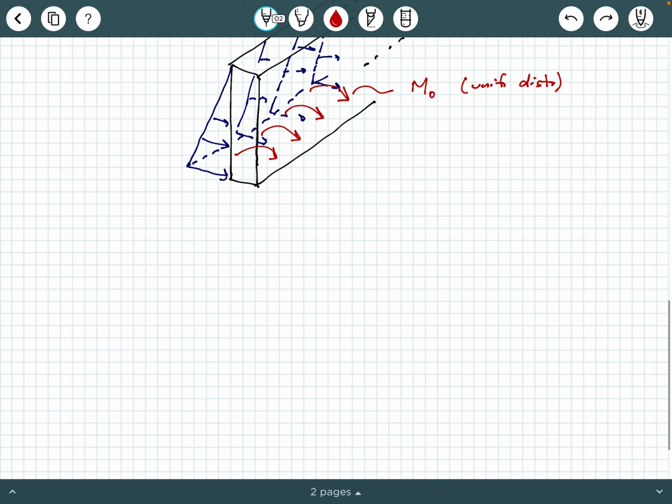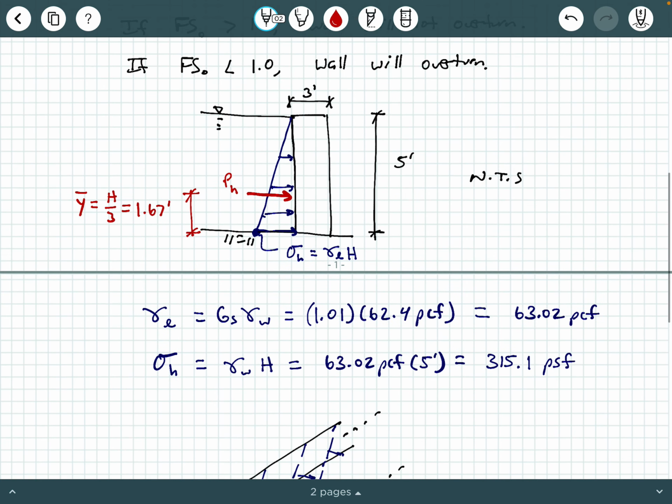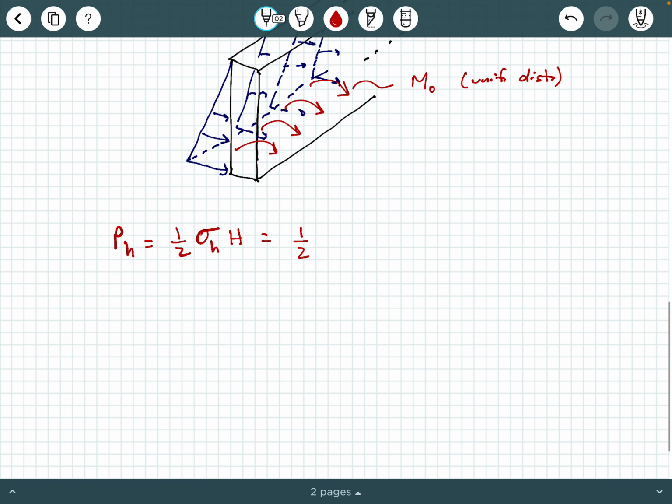So we can come down here and we can say P sub H is 1/2 times sigma hydrostatic times the height of the wall. So that's the area of a triangle, right? So that's gonna be 1/2 times 315.1 PSF times 5 feet.